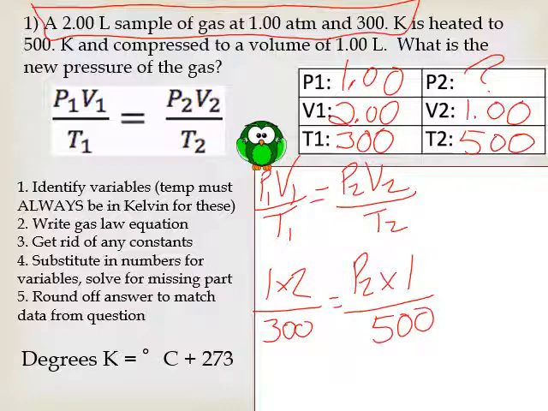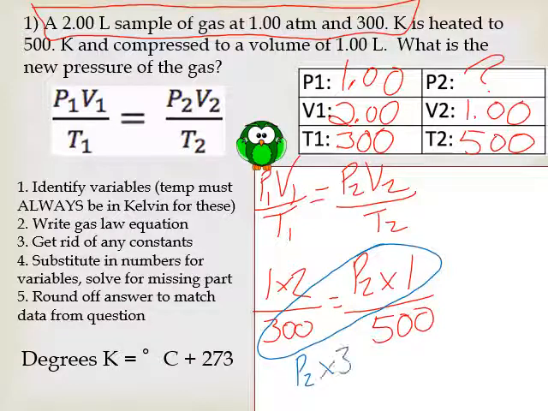I'm going to do cross multiplying. I'm going to start over here with P2 times 1 times 300. So P2 times 1 is just P2, times 300 on the one side of the equal sign. And the other way, it's 1 times 2 times 500.